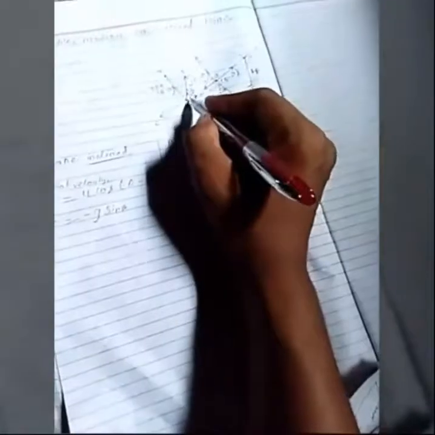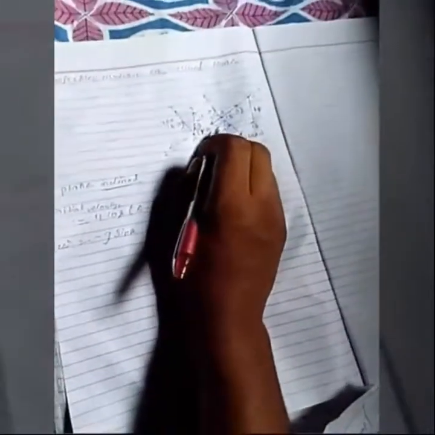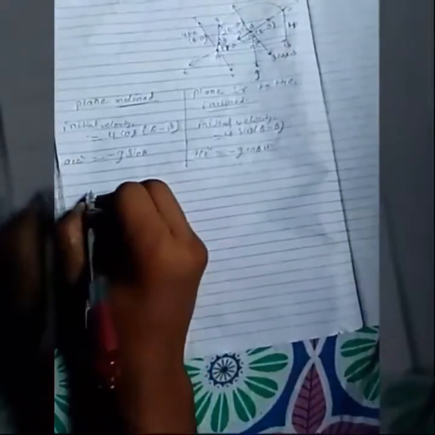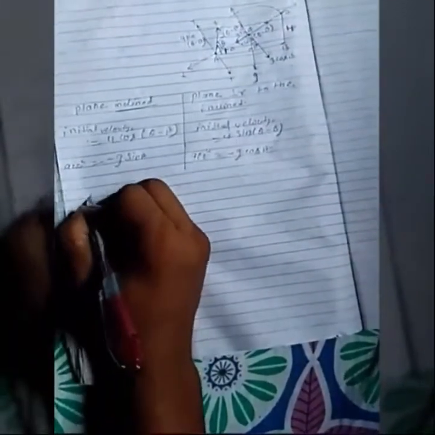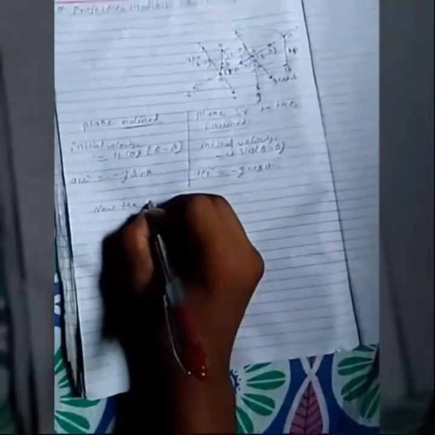Now the distance is covered with the formula for the complete motion along AD.